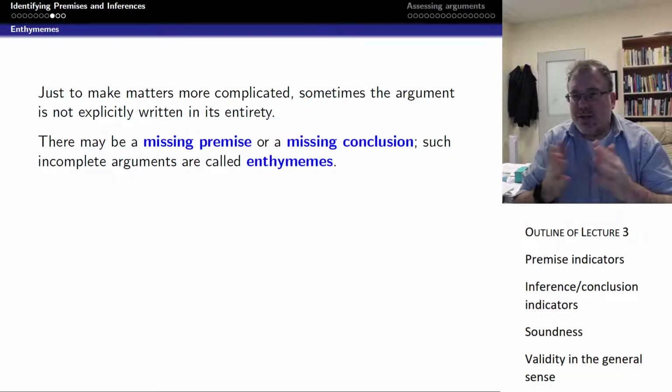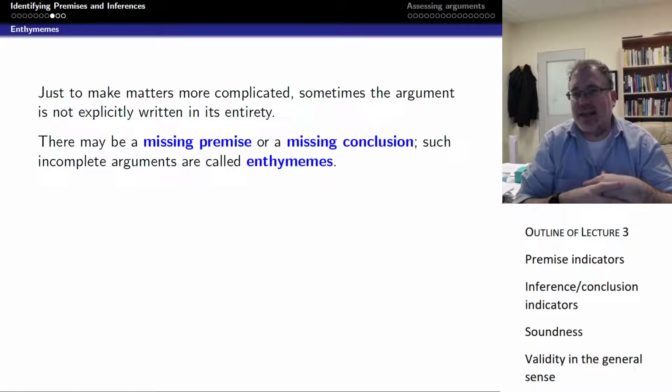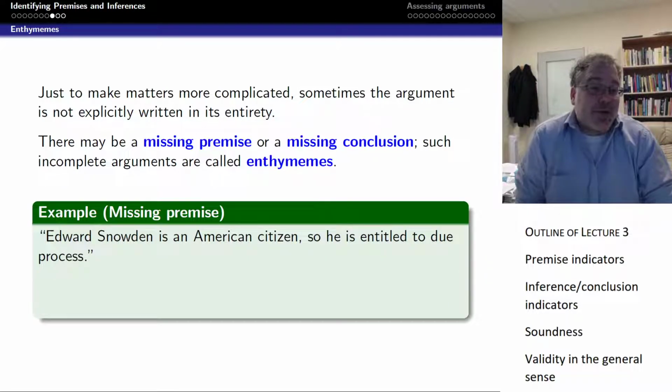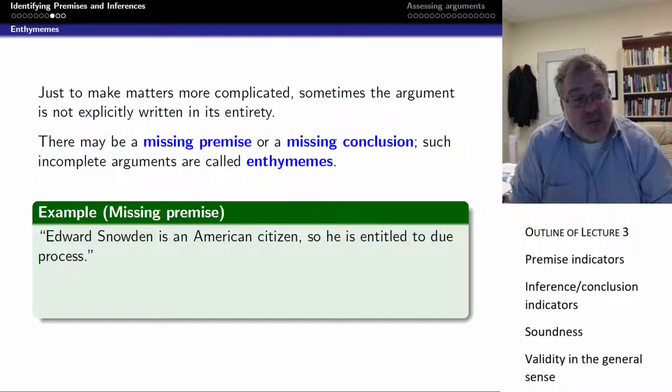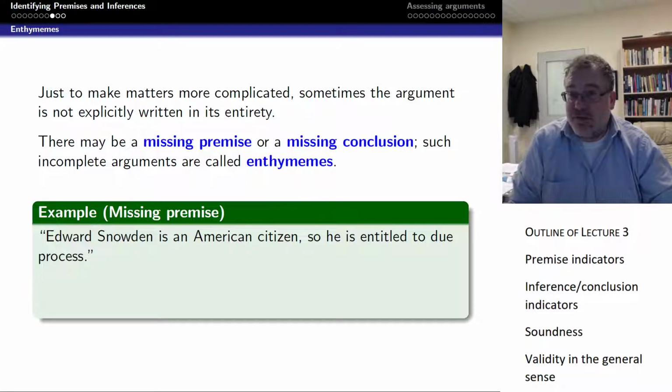Now, let's just look at a few examples that show why a premise might be left missing instead of stated explicitly. So here's an argument. Edward Snowden is an American citizen, so he's entitled to due process. So in the way it is given, the conclusion doesn't follow from the premise. But if someone enunciates this argument, it must be because they're assuming something which is left unsaid.